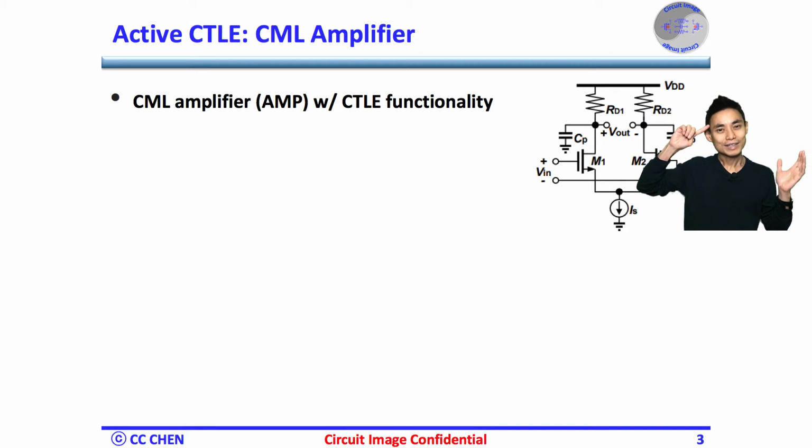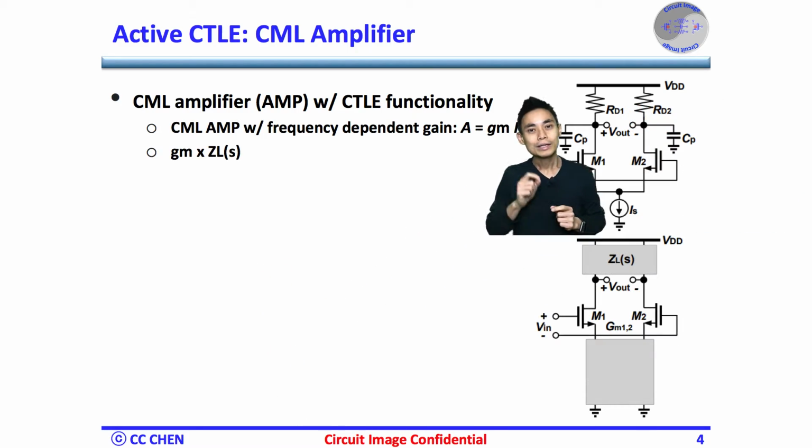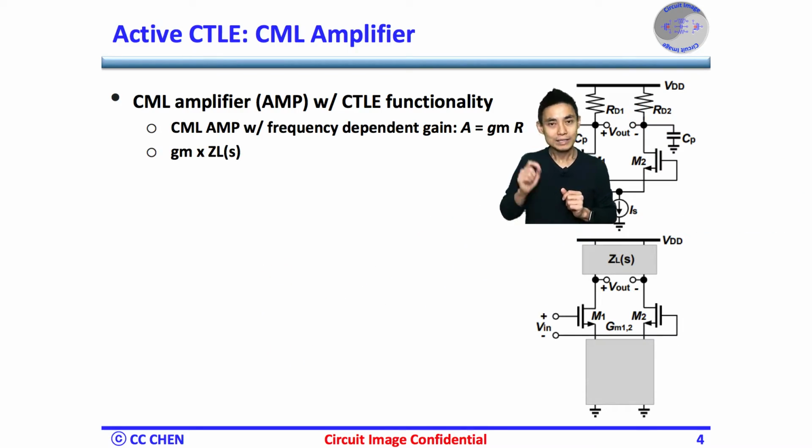Think about the gain amplitude for 5 seconds. Bingo! We know the gain of the amplifier is gm times R, which is the transconductance of the transistor times the resistance. But neither the gm nor the R is a high-pass response.